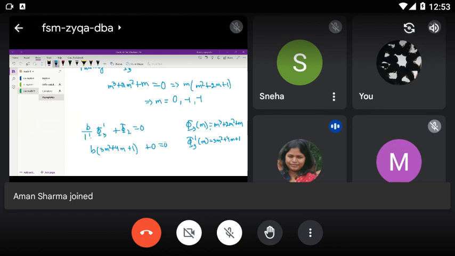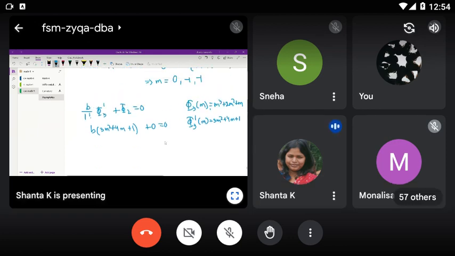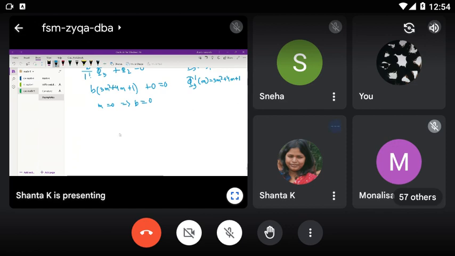For m equals 0, we are getting b equals 0. So no oblique asymptotes. If it is not working, we go to the next equation: b square by 2 factorial phi 3 double dash plus b phi 2 dash, and phi 1. If it will not work, you have to move on, but you don't have to go far.